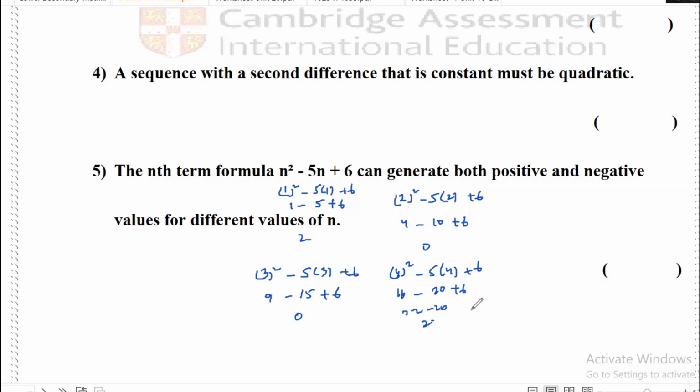Again, positive numbers. I will check one more, at 5. 5 square means 25 minus 5 into 5 plus 6. So 25 minus 25 plus 6. So still a positive number, but they say positive and negative. It means this is false.